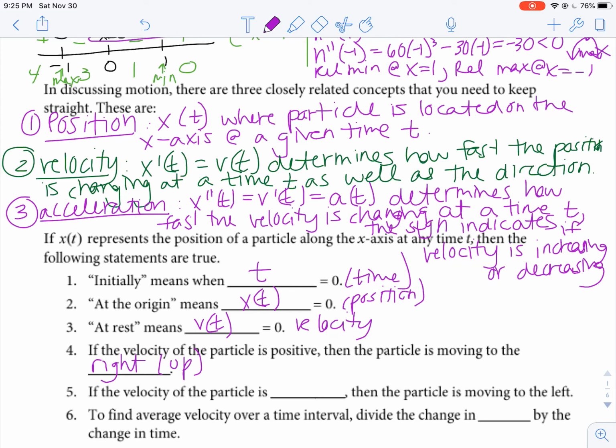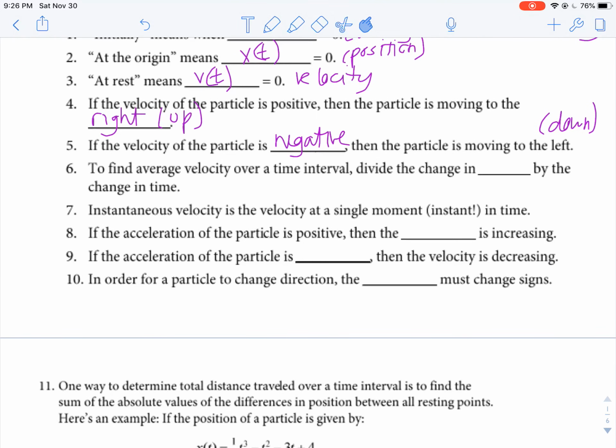If the velocity is negative, then the particle is moving to the left or down. To find average velocity over time, divide the change in position by the change in time. Instantaneous velocity is the velocity at a single moment or instant in time.